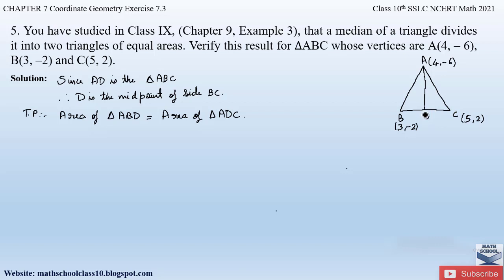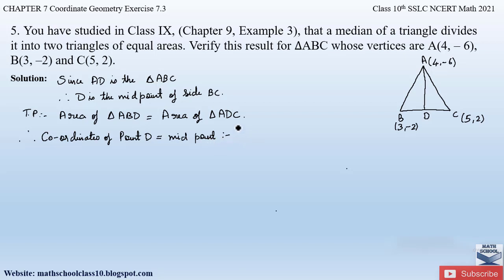Since D forms the midpoint of BC, here we can apply the midpoint formula to find the coordinates of point D. This formula we have discussed in my previous videos and also in the introduction part of area of a triangle, so do watch that video so that you have a better understanding.